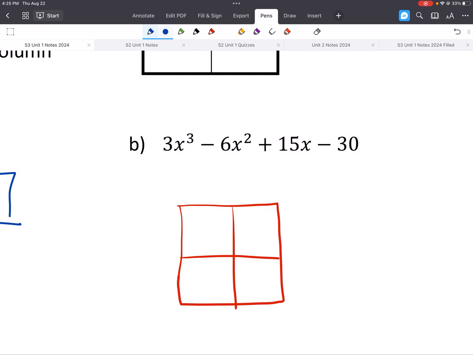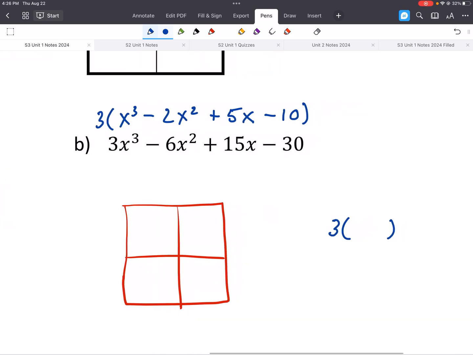Okay? So we can divide everything by a 3. I'm just going to write it up here. This will actually make your numbers easier to work with. Okay, so then when we're all done, we're going to have that 3 and those 2 parentheses.